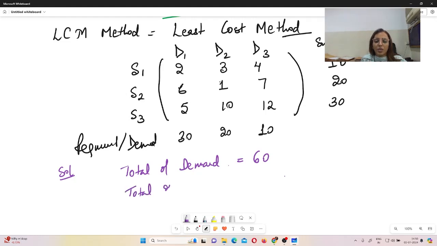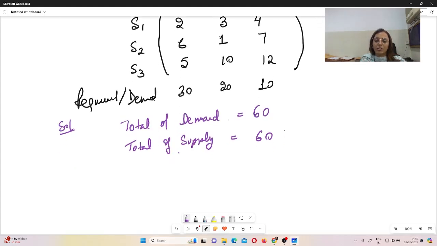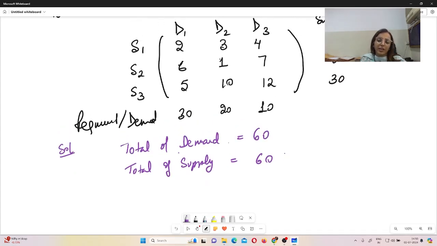This is always to be done, whichever method you are using: find out first whether the total is matching, whether the question is balanced. Total supply is 10 plus 20 plus 30, that means 60. So yes, demand and supply are equal, the question is a balanced matrix. You don't have to create any dummy, no dummy requirement, as it is balanced.